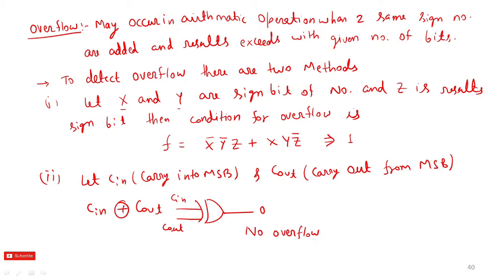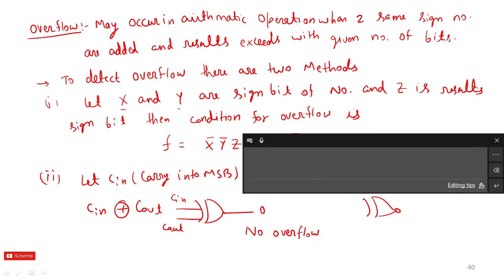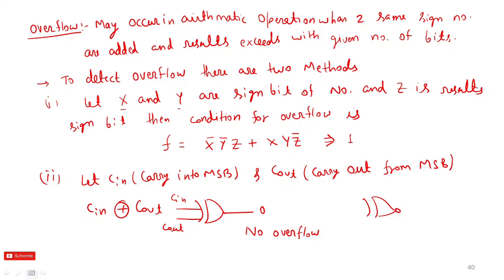If you are getting 1, that means overflow. For C in, C out, if it is 1 0, then the XOR is 1, and it means overflow.